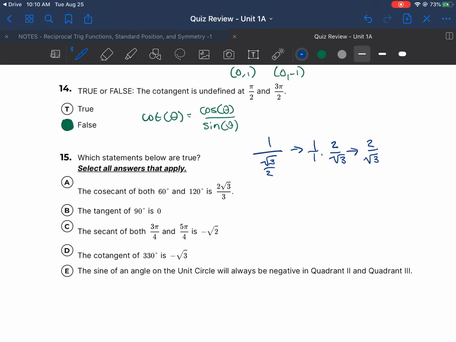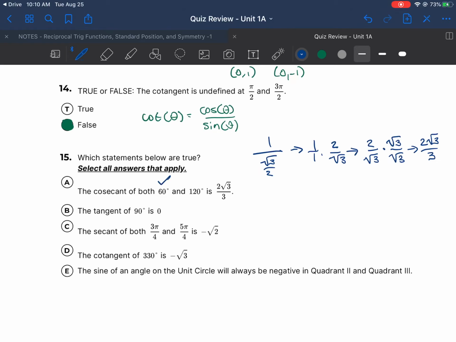Now again, we don't like having square roots in the denominator, so let's multiply both the numerator and the denominator by the square root of 3. And this is going to give us 2 square root of 3 over 3. So yes, the cosecant of 60 degrees is 2 square root of 3 over 3.